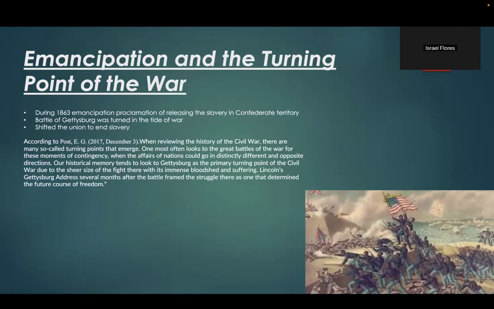Our historical memory tends to look to Gettysburg as the primary turning point of the Civil War due to the sheer size of the fight, its immense bloodshed and suffering. Lincoln's Gettysburg Address several months after the battle framed the struggle there as one that determined the future course of freedom.